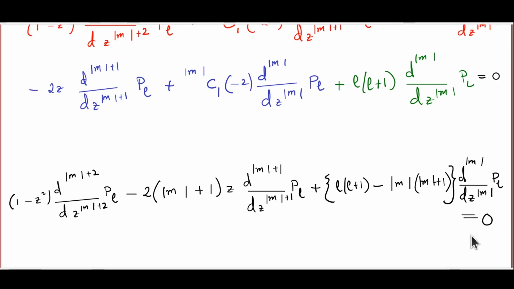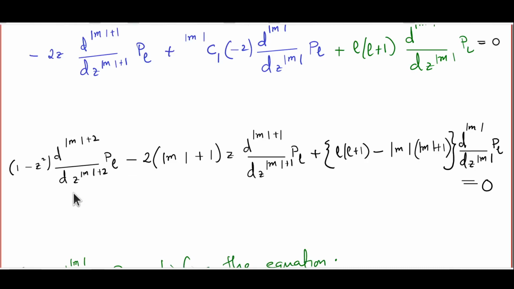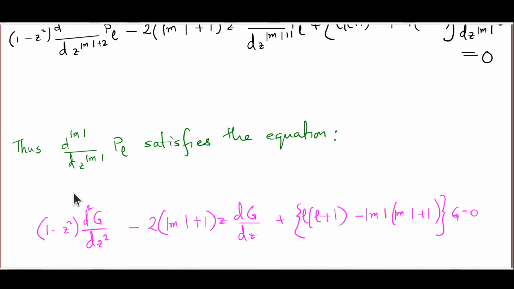In fact, this should immediately show you that if you take the function d^|m|P_L/dz^|m|, that is the |m|th derivative of P_L, then that satisfies the second order differential equation, which is exactly the same equation that we had been solving for g.